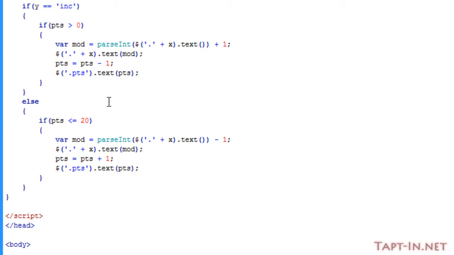Because we're saying if it's less than or equal to 20, then we can reduce the value, but we just want it to be less than 20.